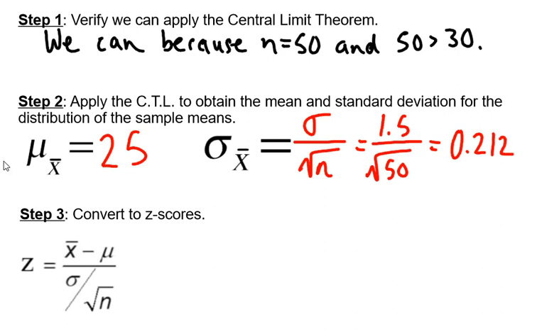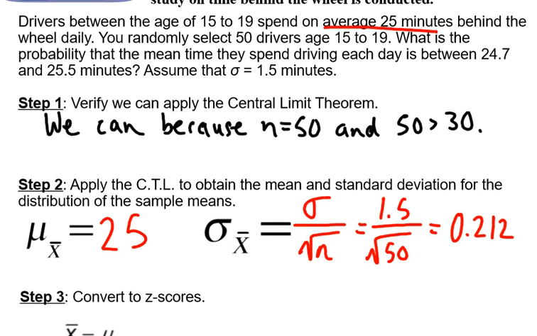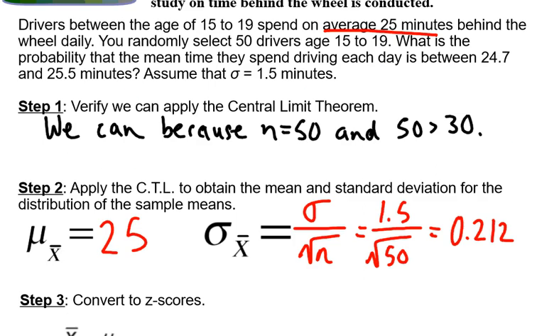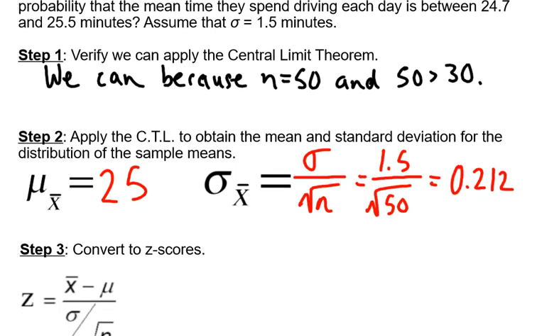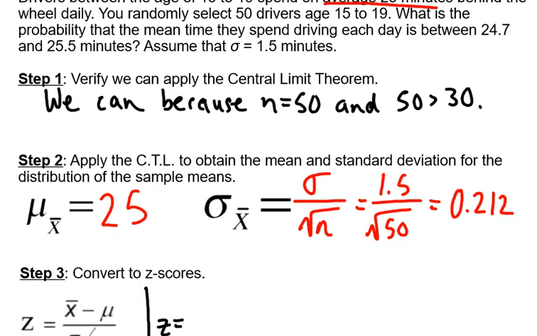Now we can convert to a z-score. We want to know what's the likelihood they're between 24.7 and 25.5. So I need to find both of those. Let's do 24.7 because that'll be the left one.